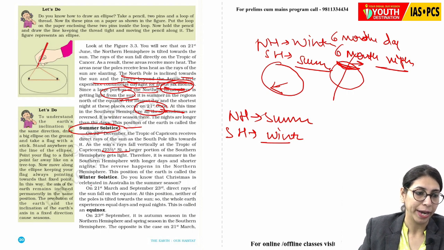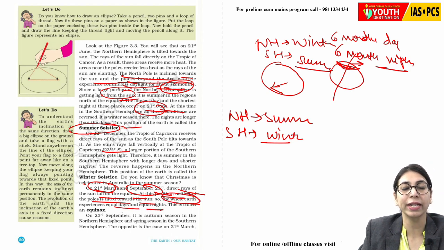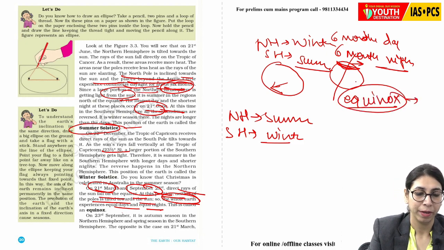Okay, and here on 21st March and 23rd September the direct rays of the sun fall over the equator. At this position the pole is tilted towards the sun, so the whole Earth experiences equal day and equal night, right? Equal day and equal night phenomena happens. That's why this is known as equinox, equal day and night phenomena, right?